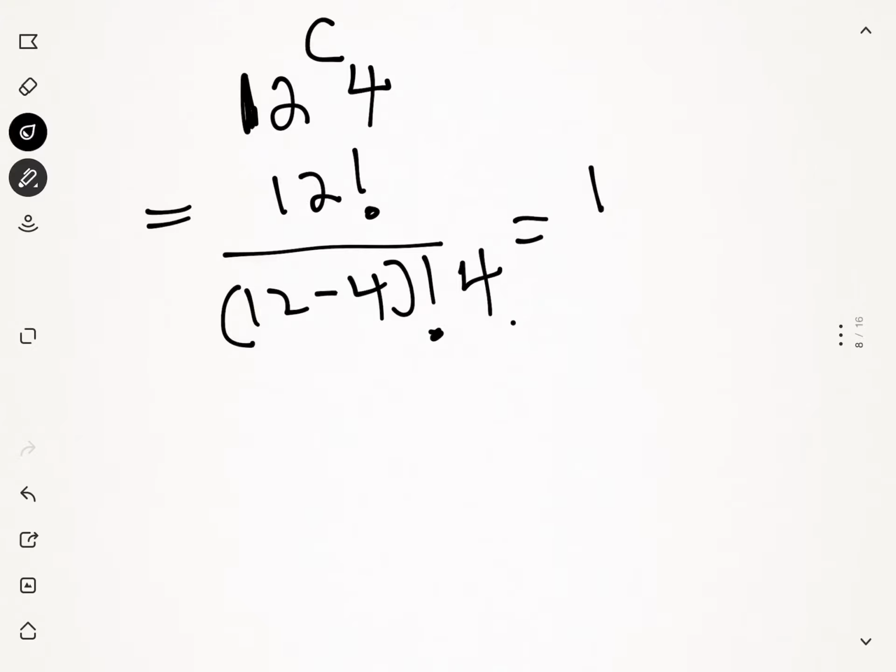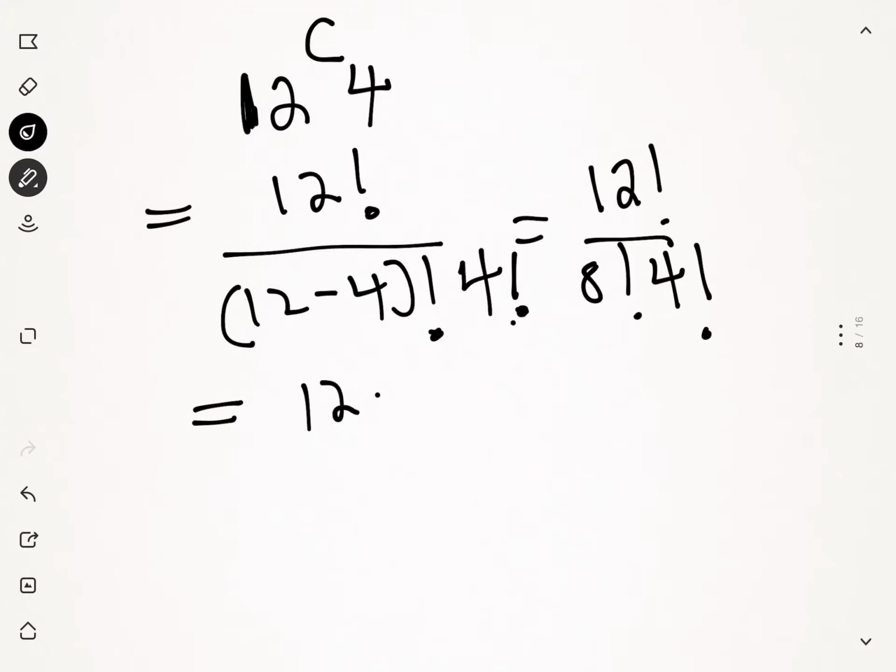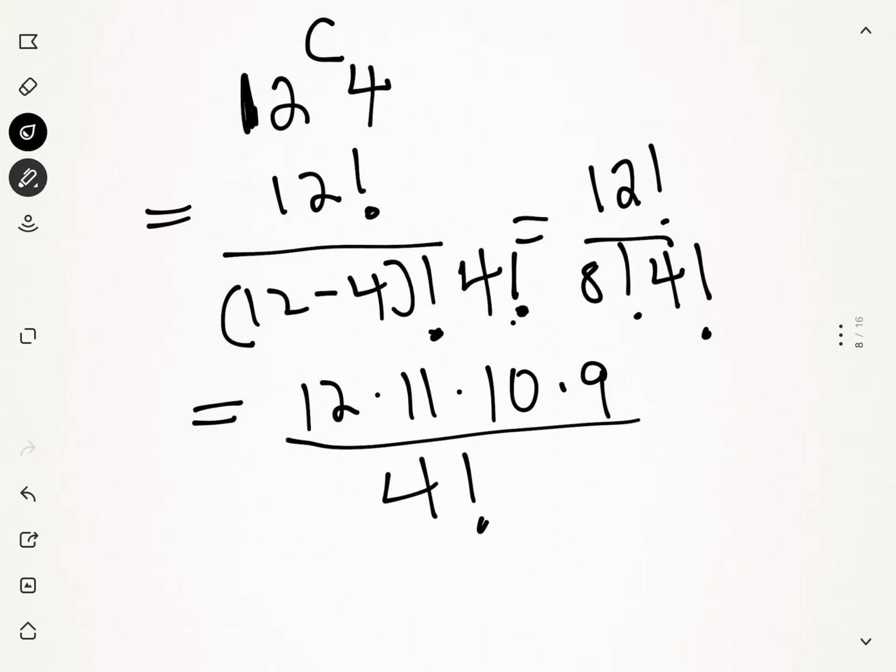So we'll get 12 factorial over 8 factorial times 4 factorial. And we end up with 12 times 11 times 10 times 9 simplified over 4 factorial.